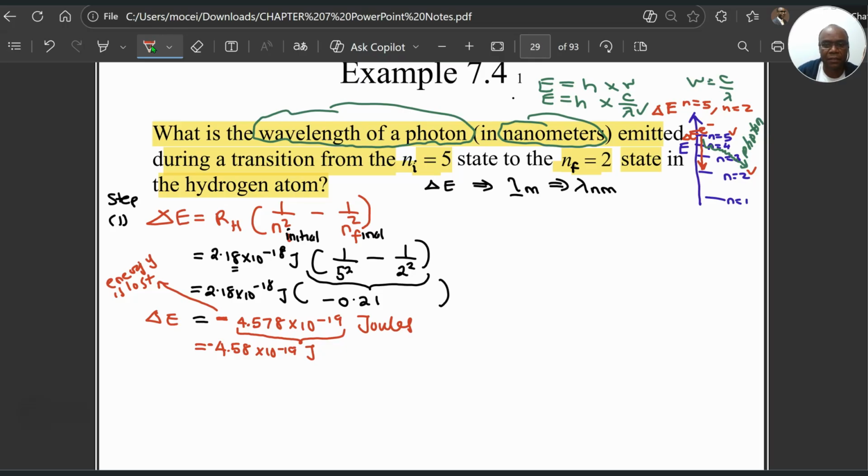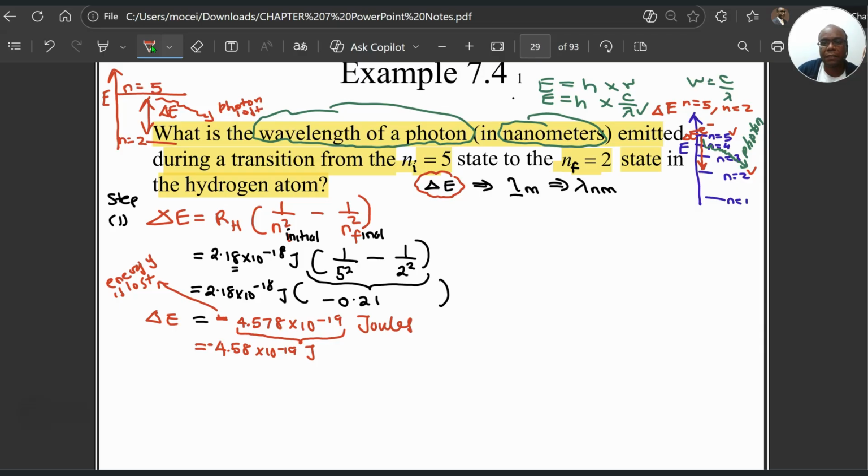Keep an eye on that. Now we are done with the first part, which was determination of the change in energy. Remember, by picture, we are moving from n equals 5 level all the way down to n equals 2 level. The difference in energy is what we are calling delta E, and a photon is emitted. Energy is lost, that's why we have a negative.